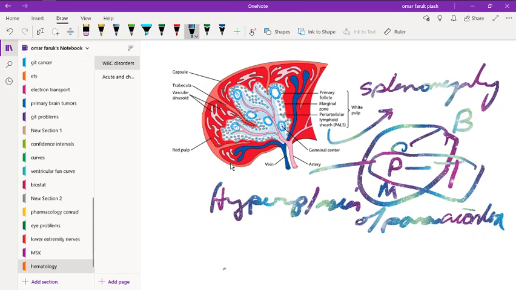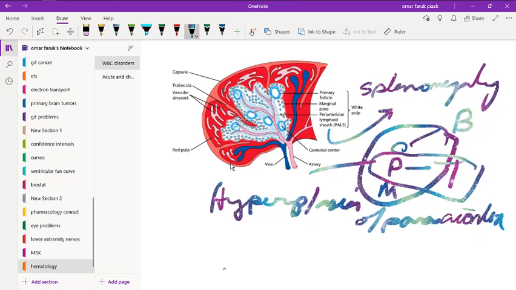If you do the monospot test, it is positive within 1 week after infection. So don't do it early, because it might be negative, but negative doesn't rule out EBV. For confirming your diagnosis, you have to do EBV viral capsid antigen.